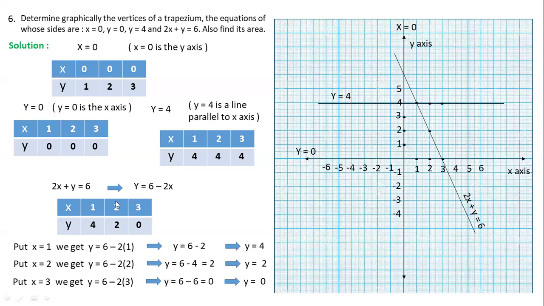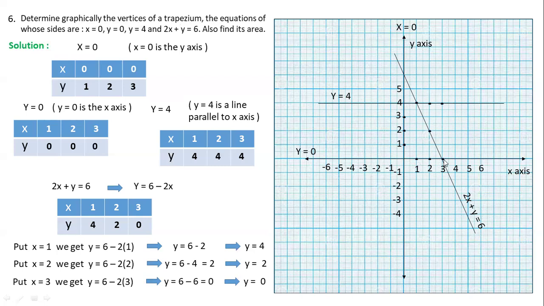What is the property of a trapezium? It has one pair of opposite sides parallel. These two are parallel. So what is asked to do? Determine graphically the vertices of the trapezium. That means you have to find the corners.